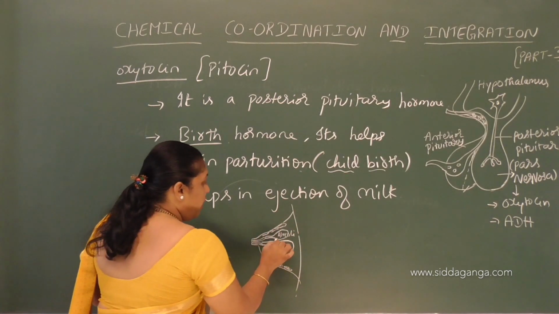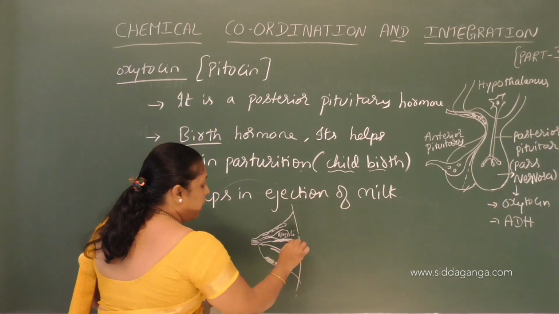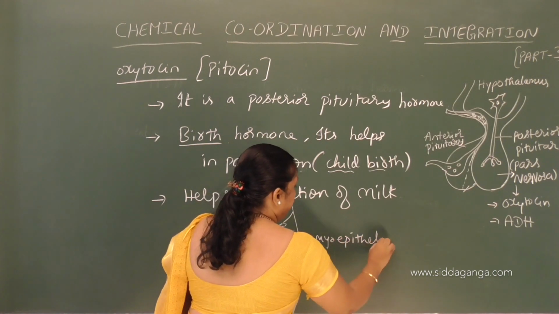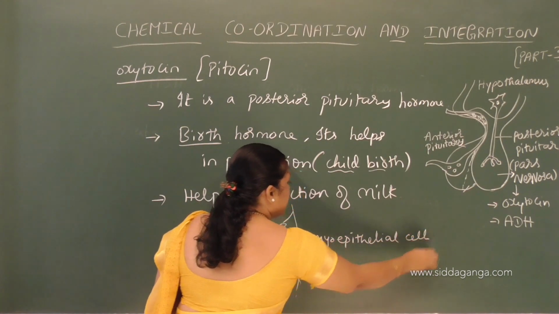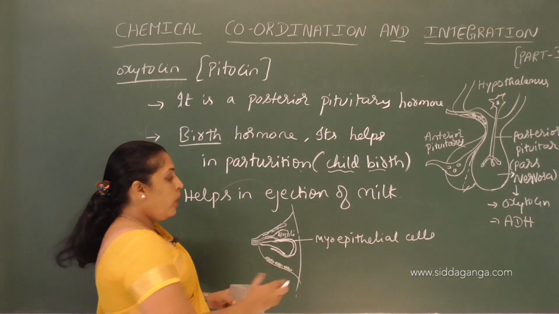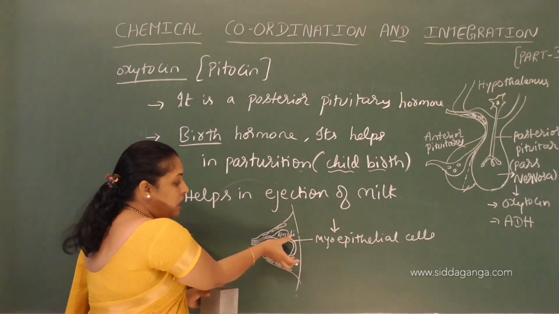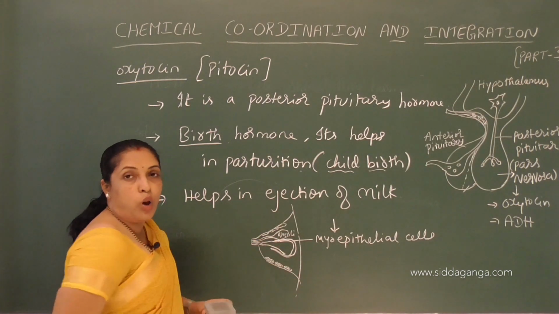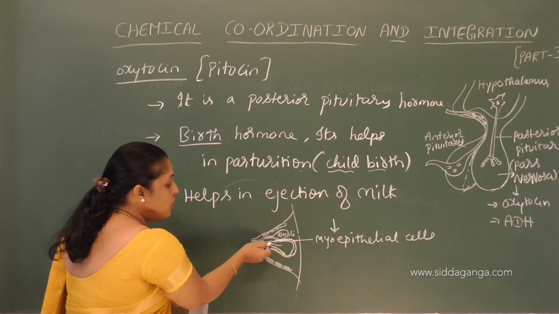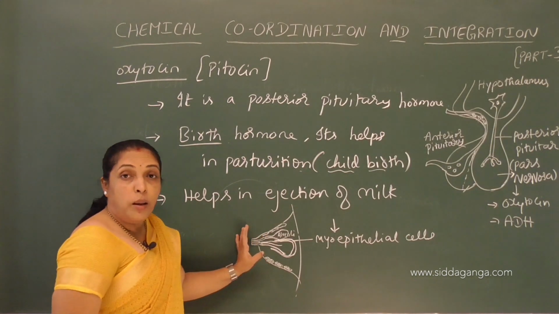This mammary alveoli is surrounded by myoepithelial cells on which oxytocin acts. When oxytocin acts on myoepithelial cells, that leads to constriction of mammary alveoli, and the milk which is produced in the alveoli will be expelled into the mouth of the baby.